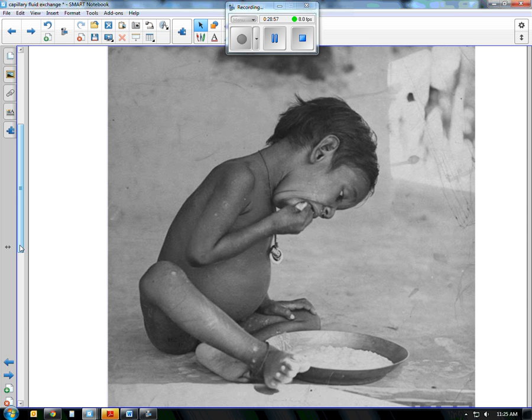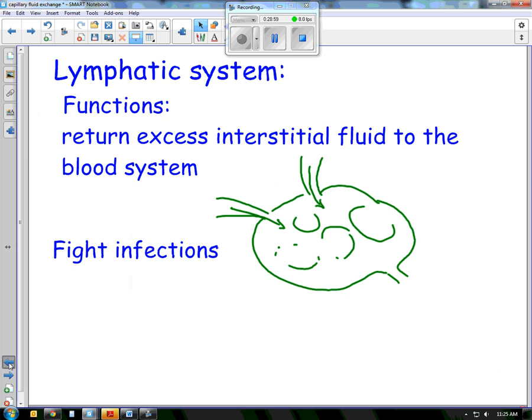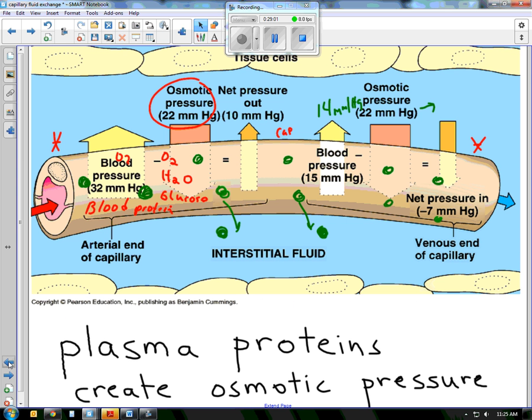So if we go back to this thing here, what did we call these green dots? These are proteins. So that person is going to start to burn these blood proteins for fuel.